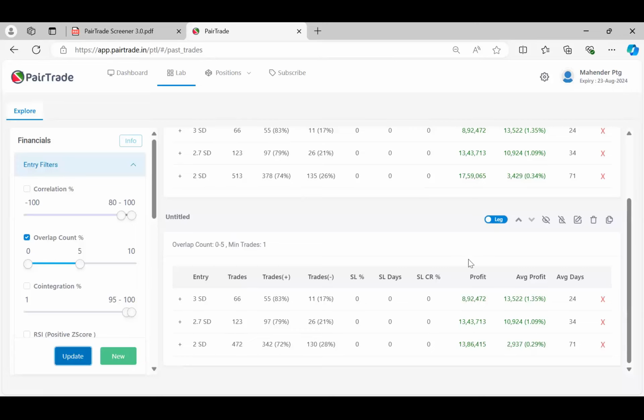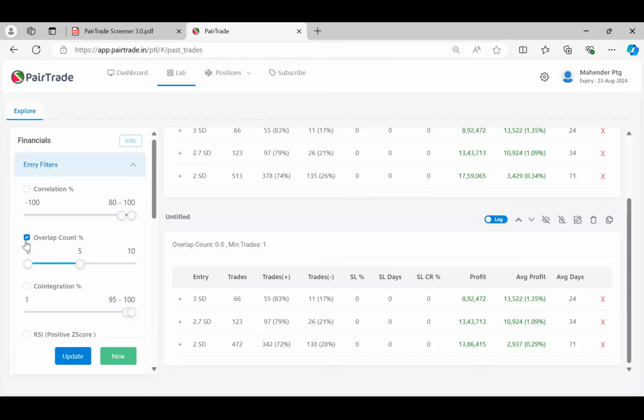There is no improvement at all here. You see, if you compare with this. So 0 to 5, the number of trades are the same, only at 2 standard deviations some trades have come down. Not great trade outcomes, so we can ignore this one.